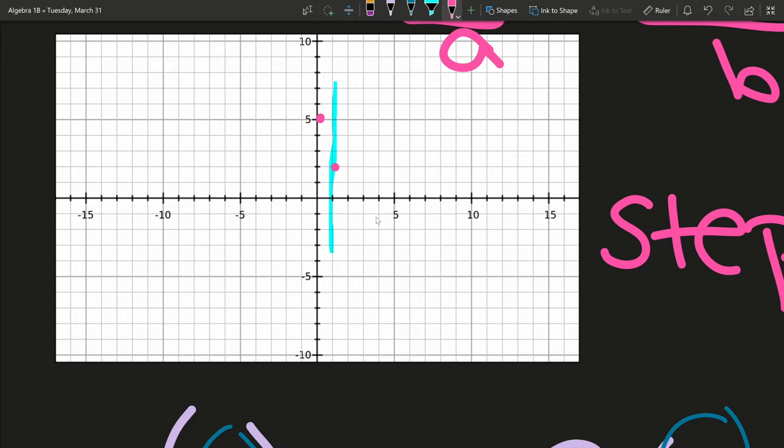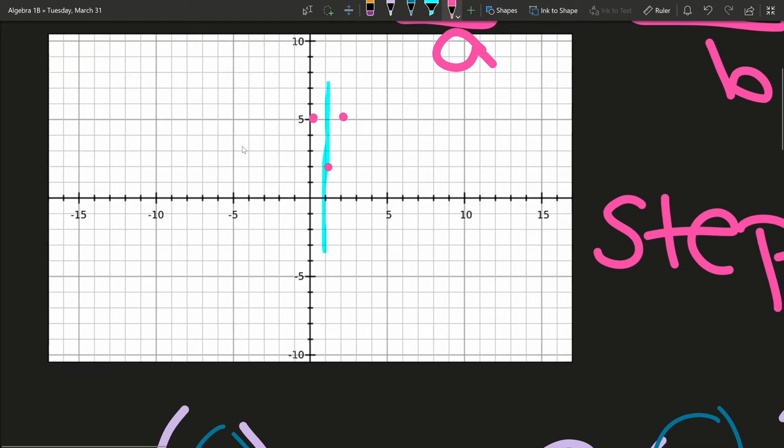And as you learned previously, since this is the axis of symmetry and we have one right here, we're able to use this point, the y-intercept, to find out our next point. Because if there's one to the left of the axis of symmetry, then there should be one to the right. So there's going to be a second one right there.